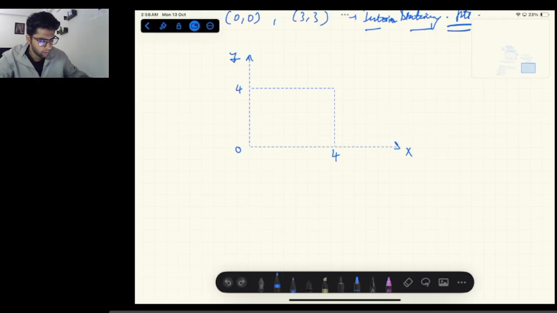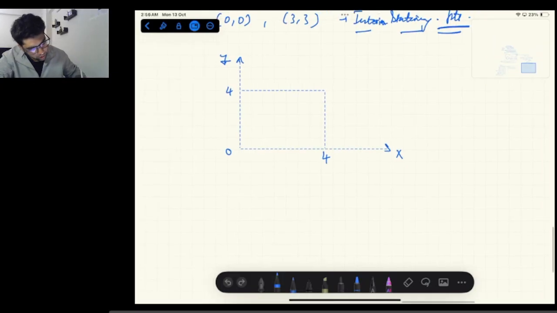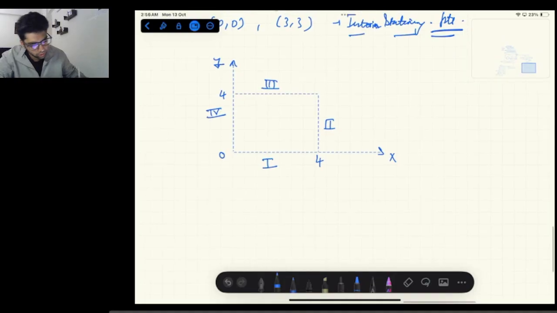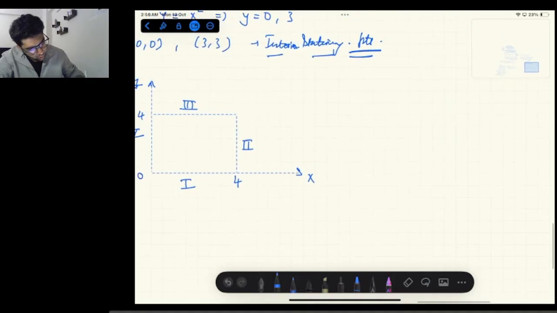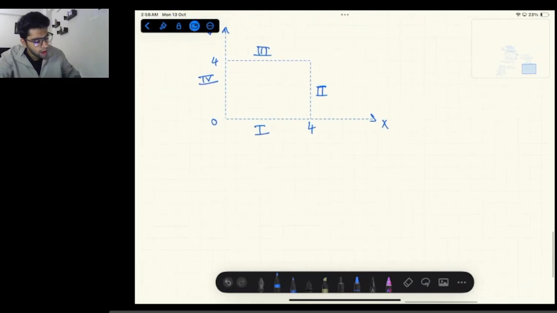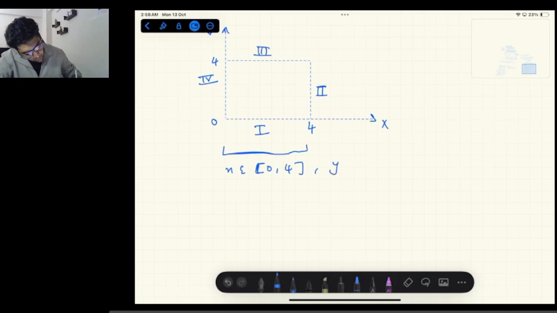So now these are 4 constraints, so 4 edges. First edge, second edge, third edge, fourth edge, right? So now I'm going to substitute them one by one.